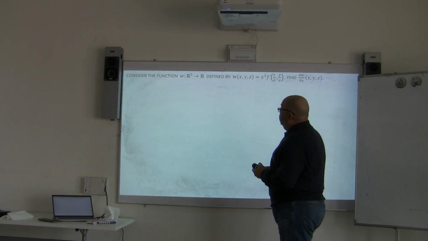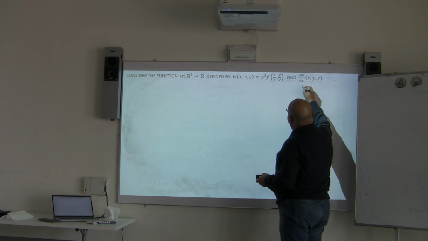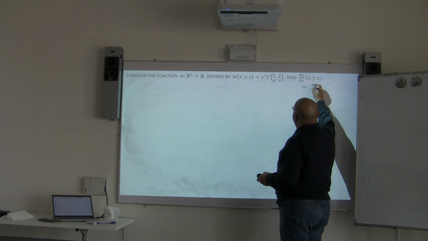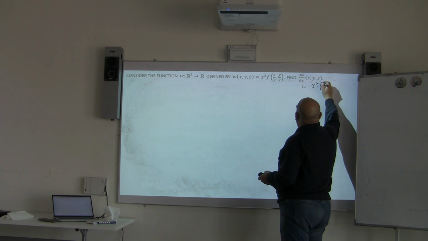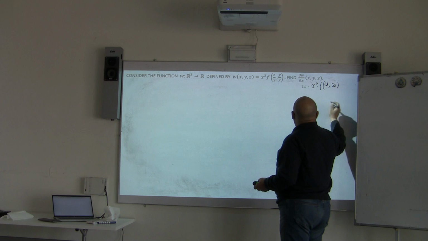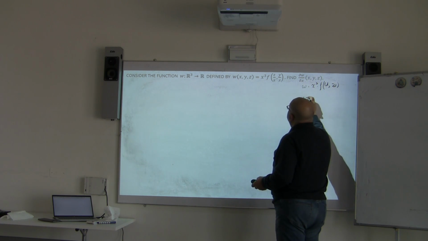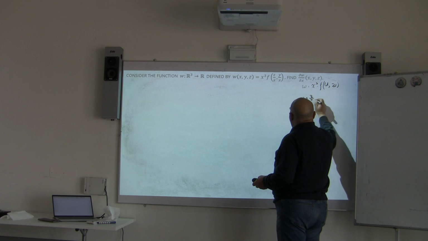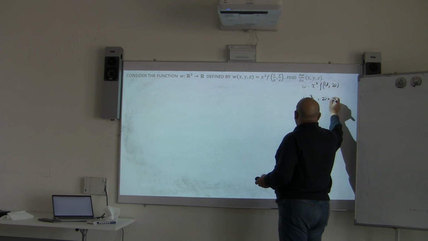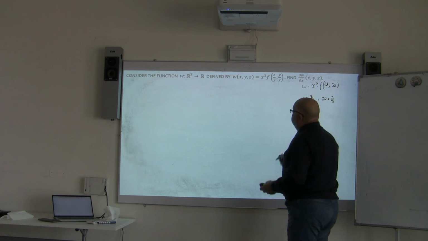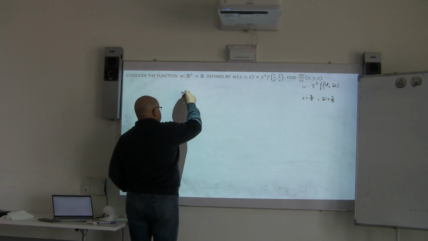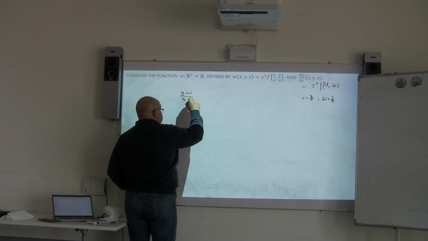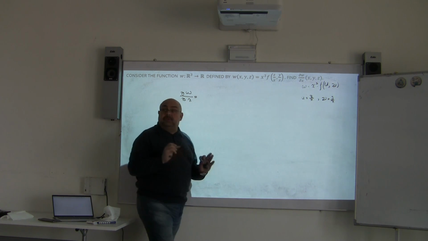I would recommend to start by considering w is equal to x cubed times f, and the f is a function of u and v as we did previously. I will consider u to be z over x and consider v to be y over x, for example. And then I need to get partial w, partial x, which is going to equal to, I will do 2 steps.